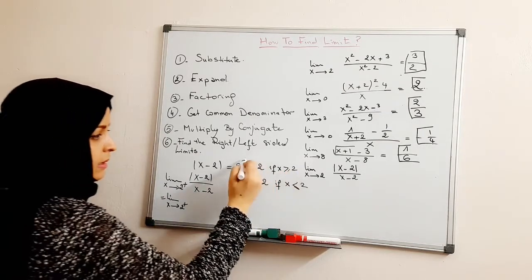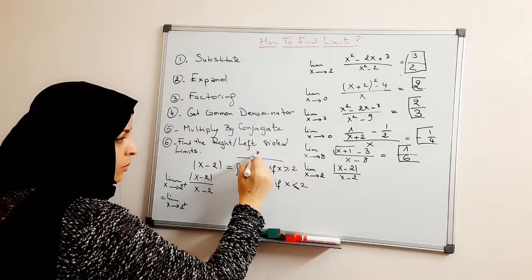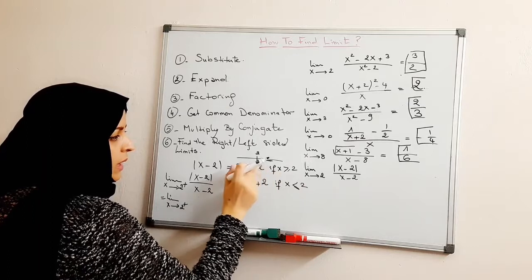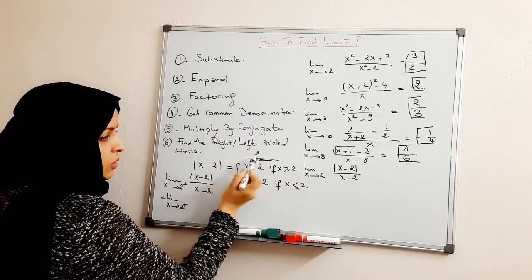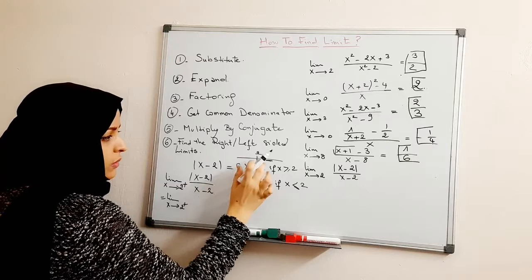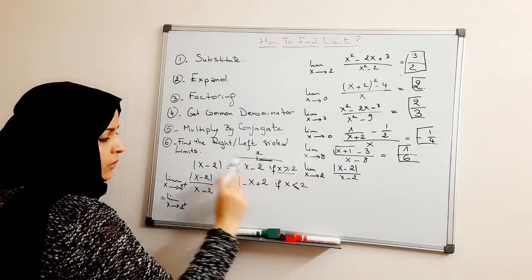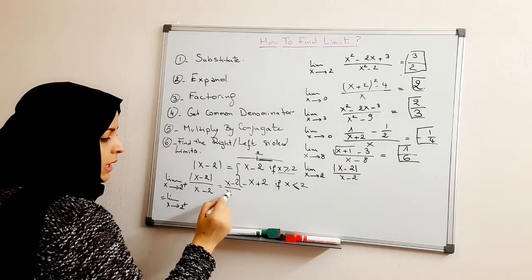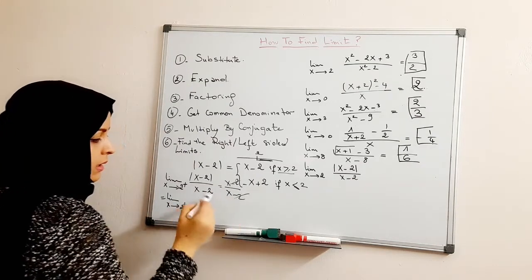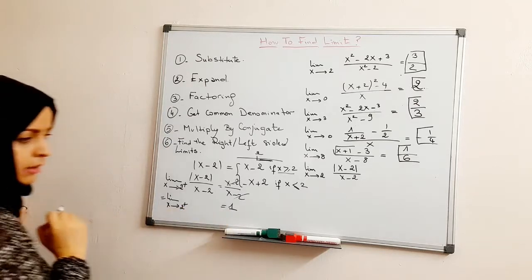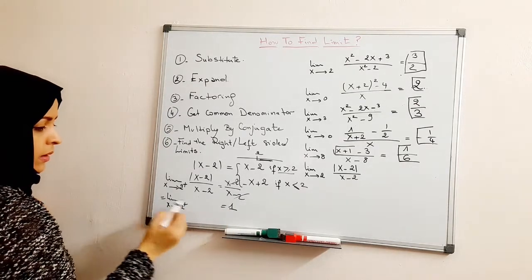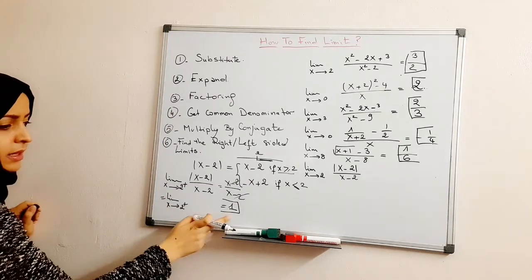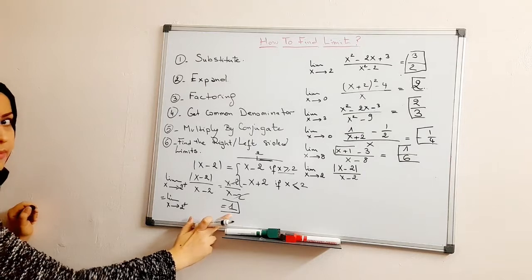From the right means that we are here from the right. So x is greater than 2. So the absolute value is equal to x minus 2, over x minus 2 is equal to 1. Okay, so the right-sided limit is equal to 1.